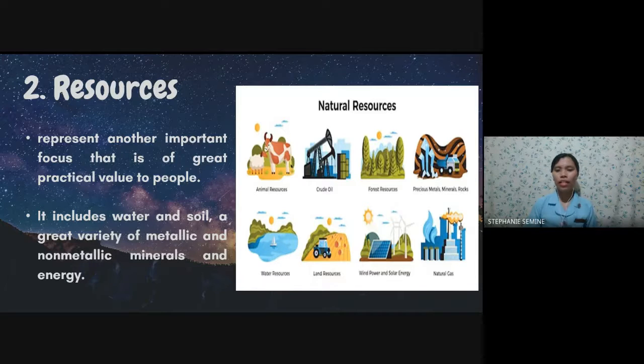So together they form the very foundation of modern civilization, and earth science deals not only with the formation and occurrence of these vital resources, but also with maintaining supplies and with the environmental impact of their extraction and use.